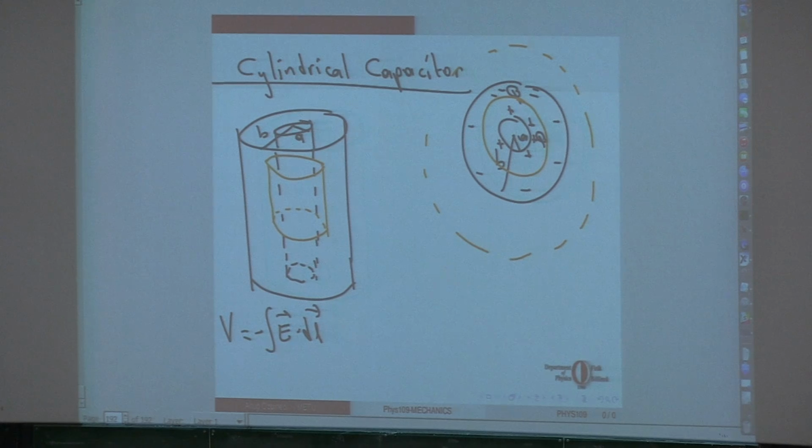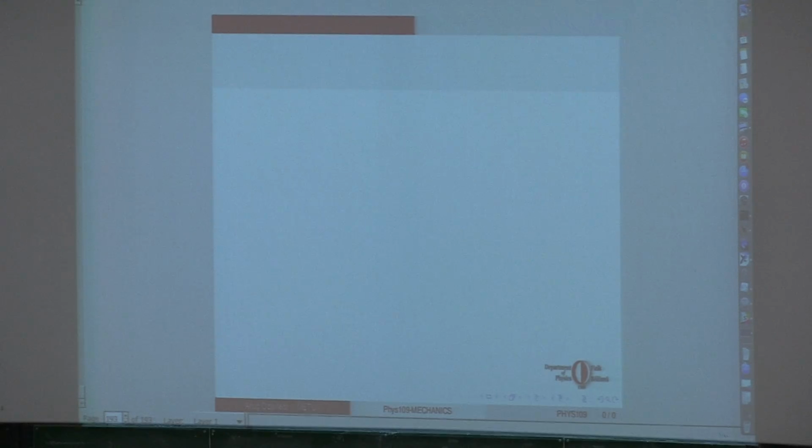Yes. Why? I mean, that would make the calculation easy, but how do you know that such a Gauss surface exists? Are you sure you can always do that? Okay.